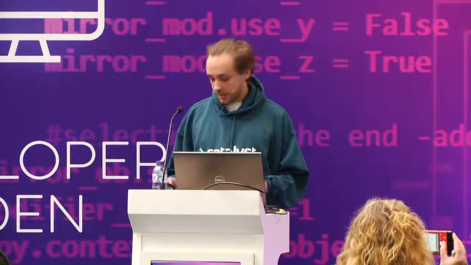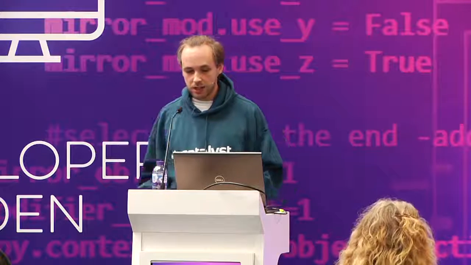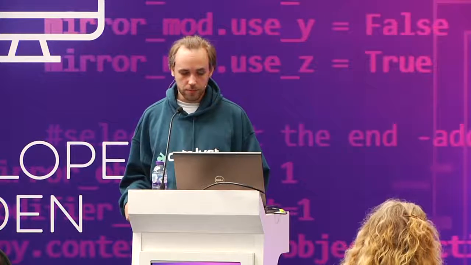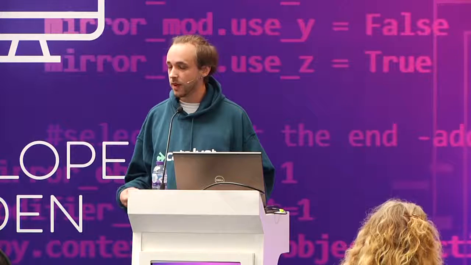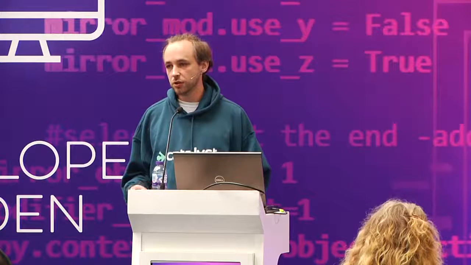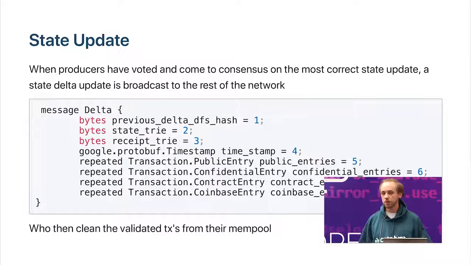Once a state update has been produced, the nodes among themselves in that producer pool will vote on the most common agreement of an update. As I said earlier on, some nodes may not receive all transactions, and they may come to a different outcome on what that update is.